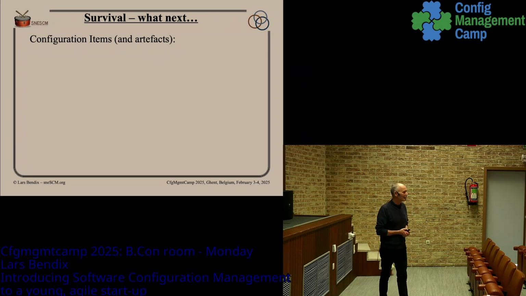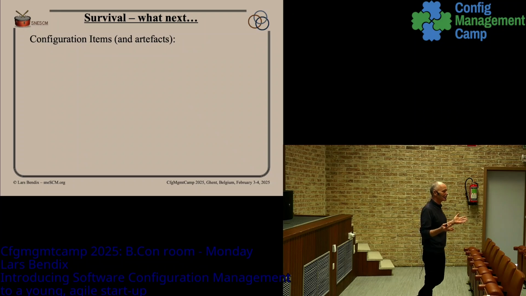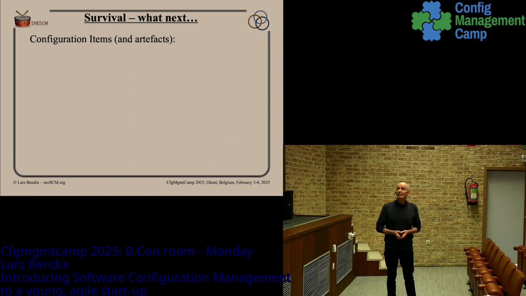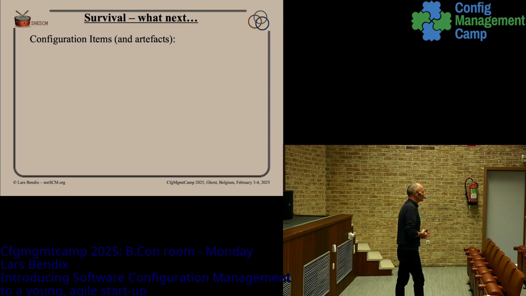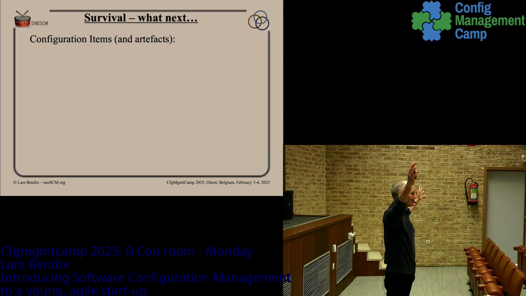So the next step, now that we have taught them about change requests and CCBs and how to handle that, is actually configuration items and artifacts. To tell them the difference between artifacts and configuration items and why we should talk about configuration items. Everything that floats around in this Agile startup are artifacts.